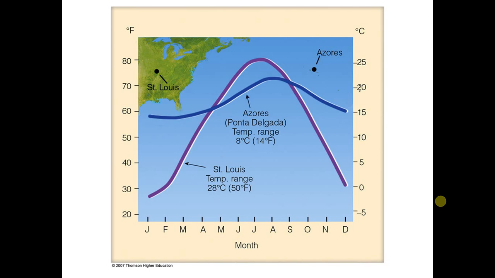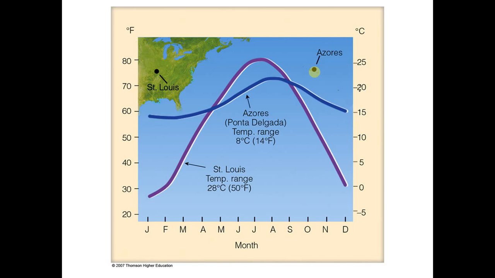This figure emphasizes how land and water distribution greatly impact seasonal variations in temperature. St. Louis, Missouri, and Azores over the Atlantic Ocean are both located at about the same latitude, around 40 degrees north.